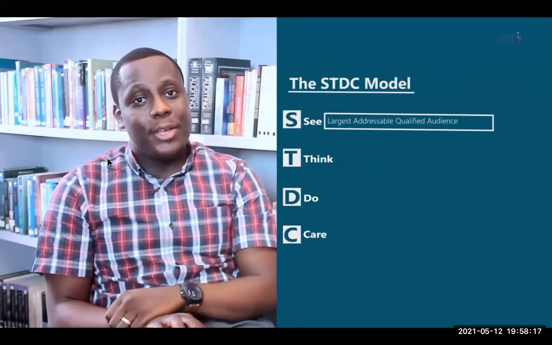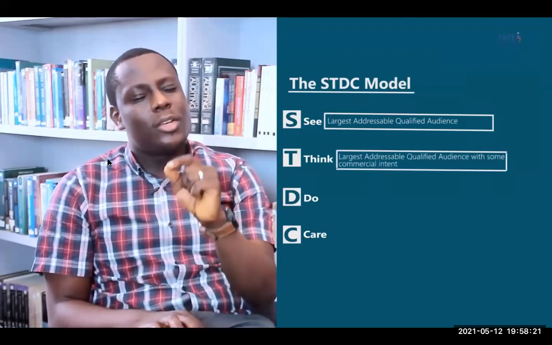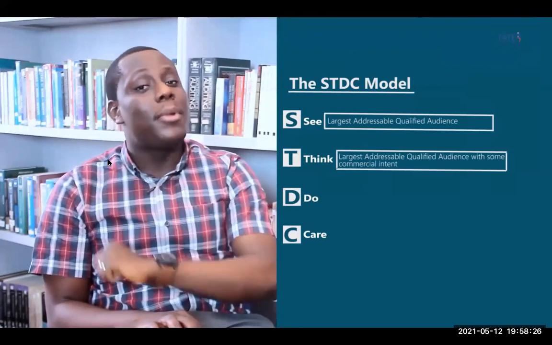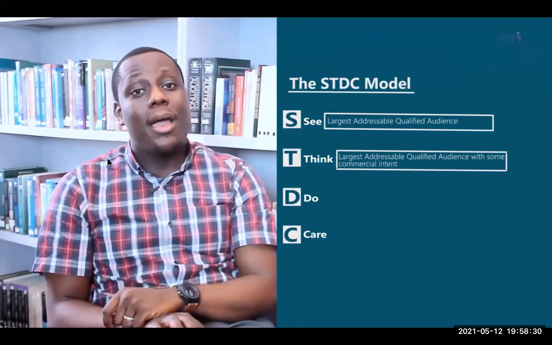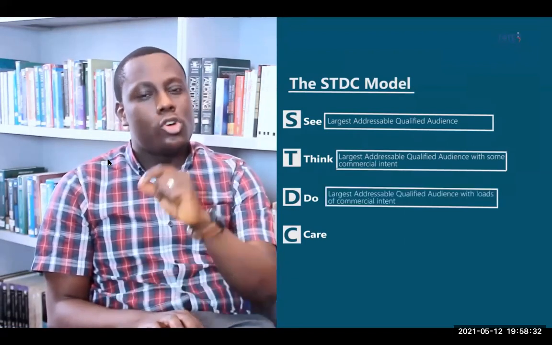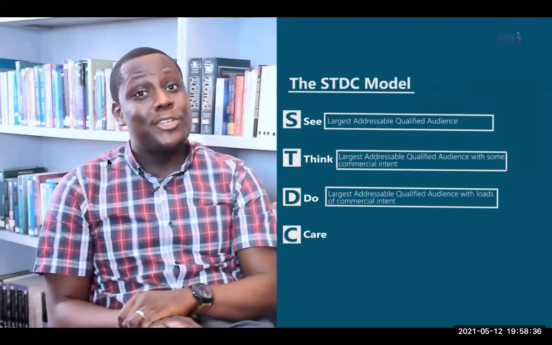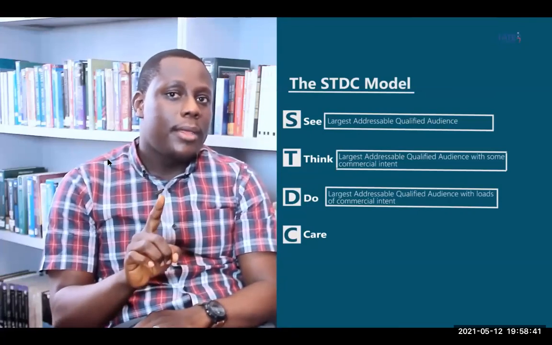Then you have your Think audience. That's your largest addressable qualified audience with little commercial intent. So basically, they are thinking about buying your product or service. And the Do audience are your largest addressable qualified audience with loads of commercial intent. So they're not just thinking about your product or service, they are ready to buy.